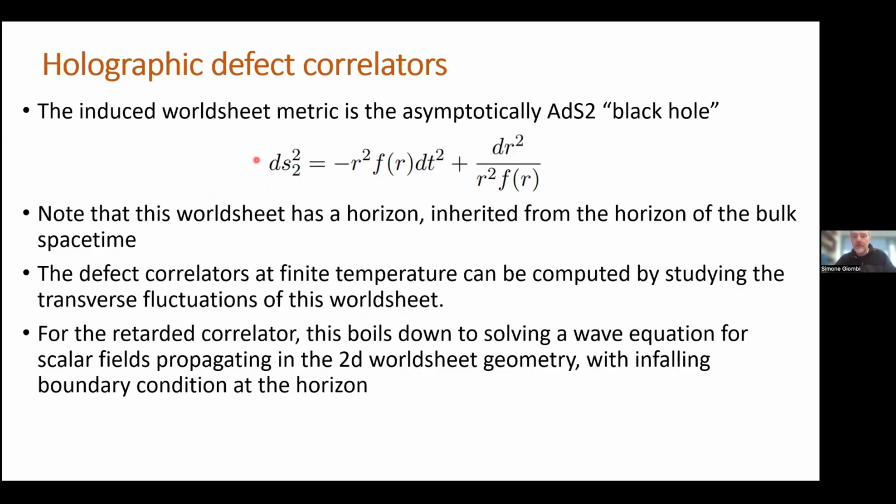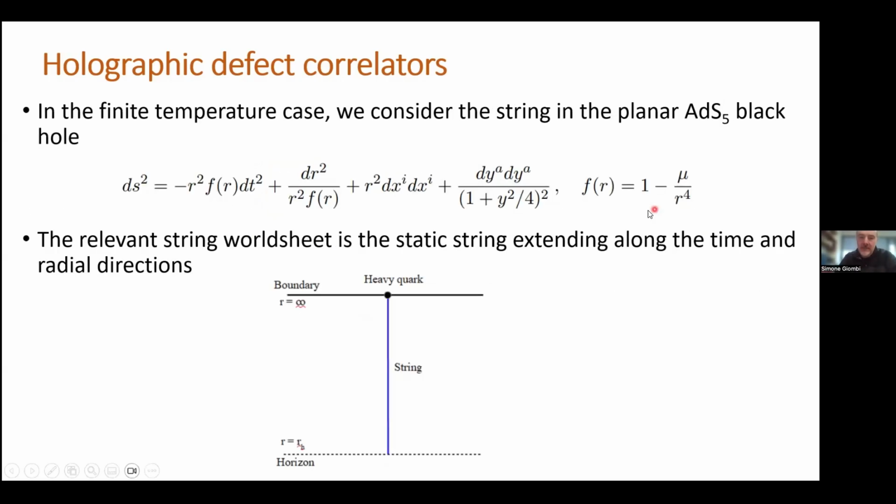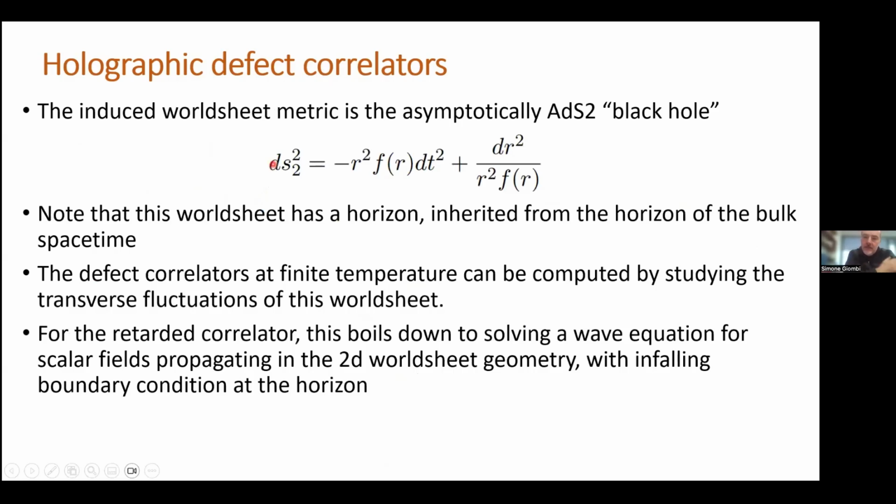Okay, so that's the geometry of the worldsheet. It's basically just this part of the space-time. So it's a two-dimensional black hole in a sense that has a horizon, which is the same as the horizon of the bulk space-time.